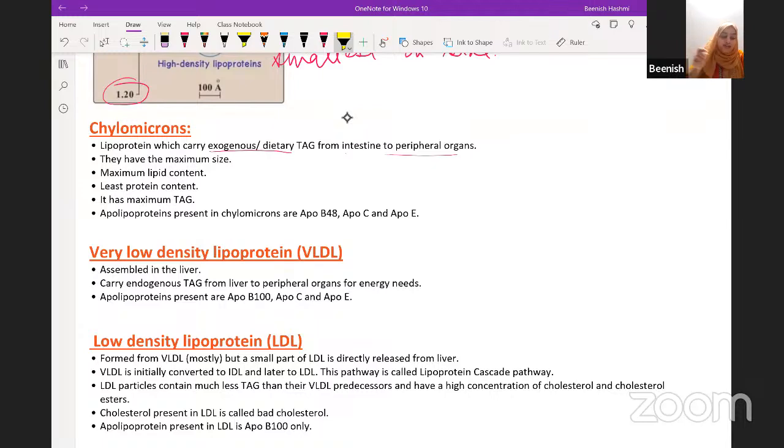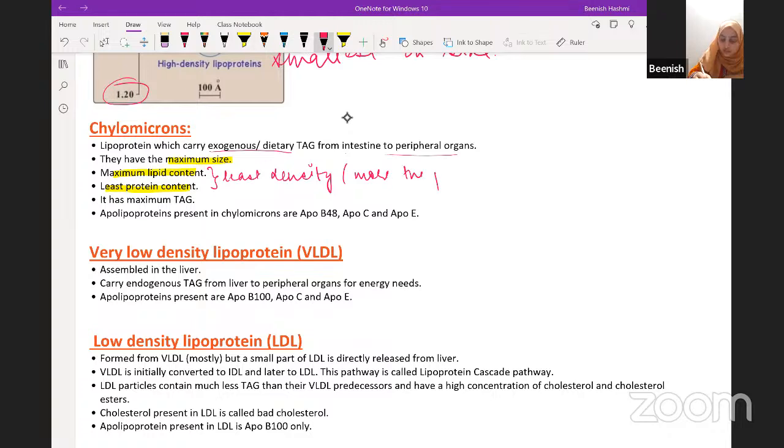They have the maximum size, and maximum size means maximum lipid content and least protein content. Now the more the protein content, the more the density. So they have the least protein content, which means they have the least density, and your density depends upon protein content.